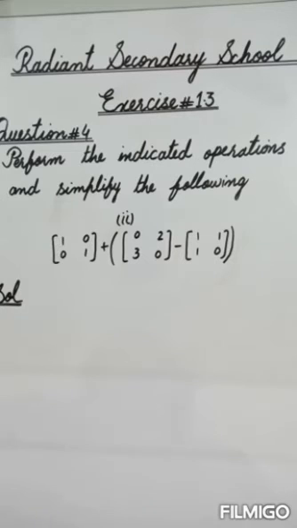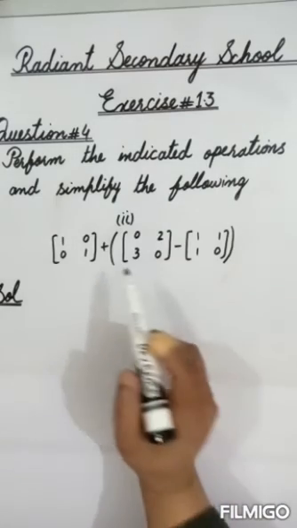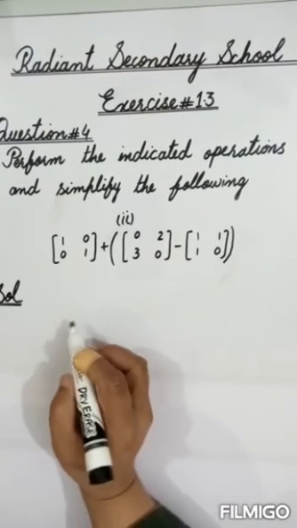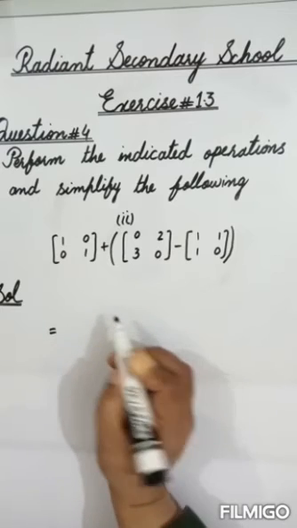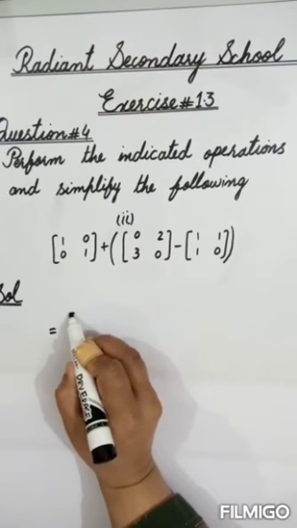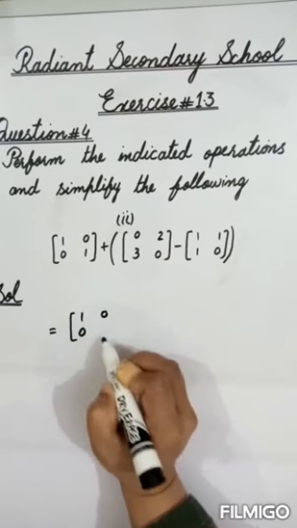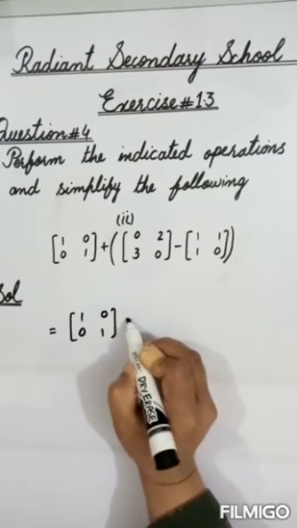Now question number 4, second part is, in this part you can see there is a round bracket, and you know very well, first of all we have to solve the round bracket. The solution of the question number 2 is the first matrix remains as it is, 1 0 0 1 and plus.